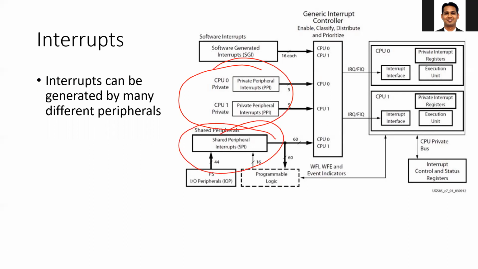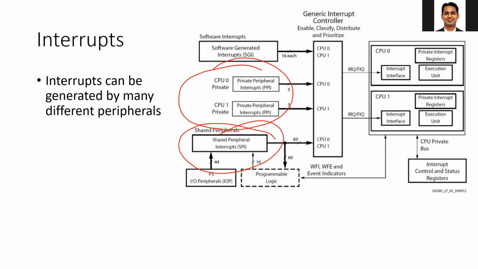Details about the sources of the interrupts are available in the datasheet, so you can have a look at this. For example, in the case of private peripheral interrupts, there are 5 interrupts for CPU core 0 and 5 interrupts for CPU core 1 in the Zynq SoC.